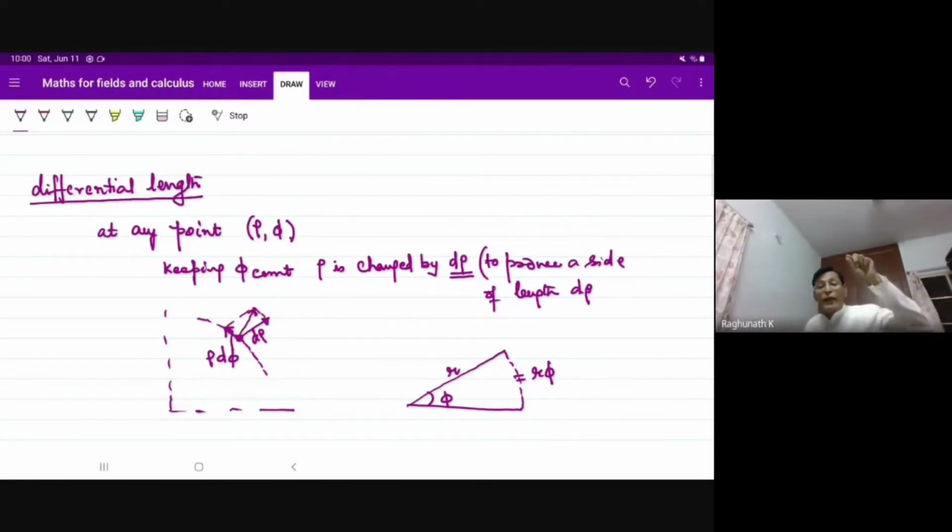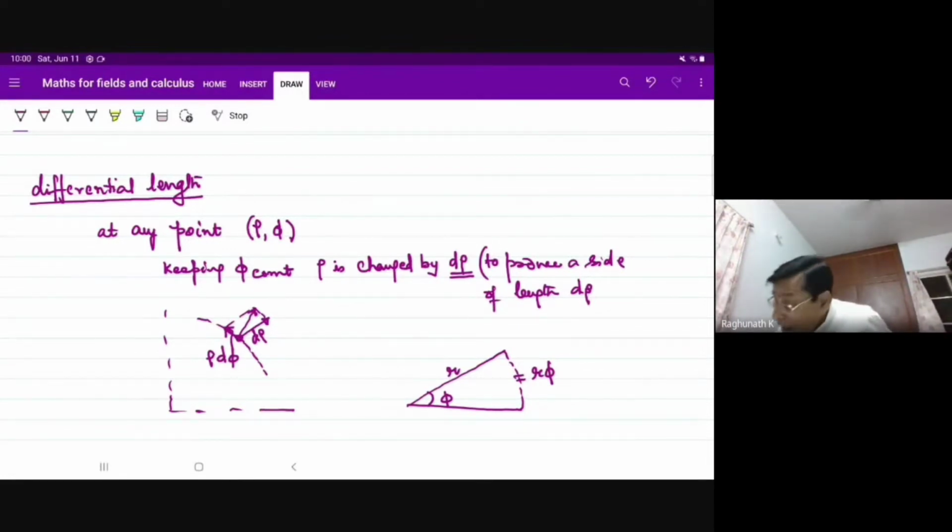Earlier, by keeping y constant, we moved by dx. It was along ax. By keeping x constant, we changed y by dy. We produced dy ay, two mutually perpendicular sides. By keeping one coordinate constant, the other coordinate is changed by a differential extent.